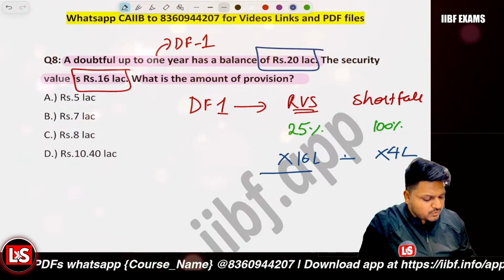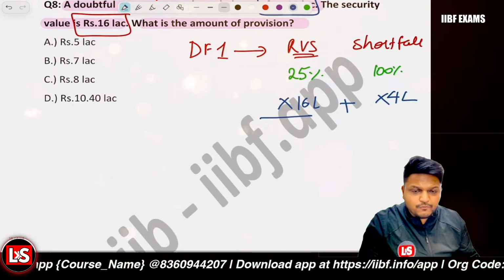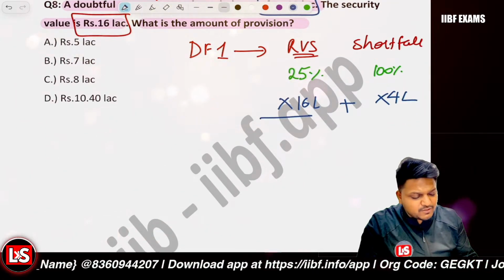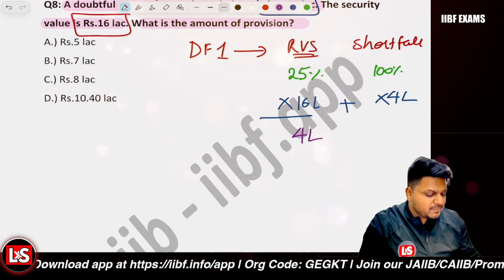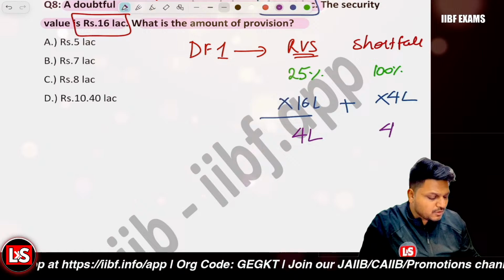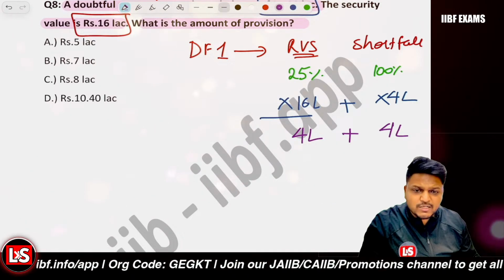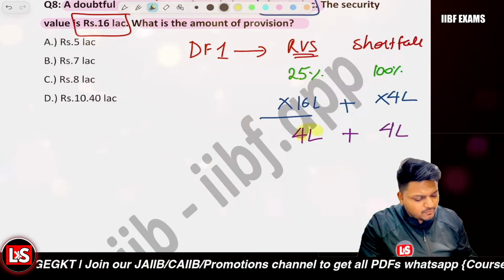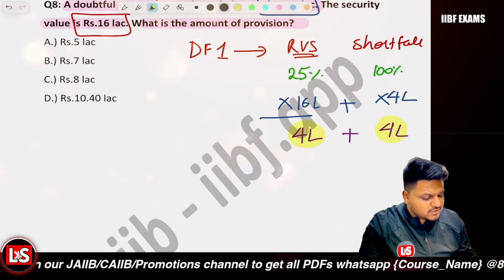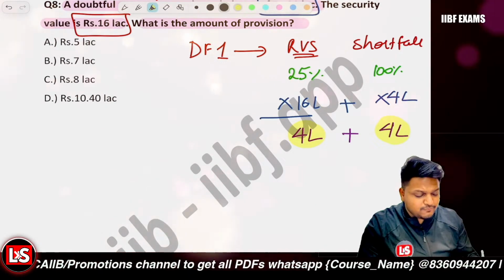So we have to add them up. For realizable value of security, 25% of 16 lakh means 4 lakh rupees. And 100% of 4 lakh rupees means 4 lakh rupees. So for the secured component we maintain a provision of 4 lakh rupees, and for the unsecured component again 4 lakh rupees.